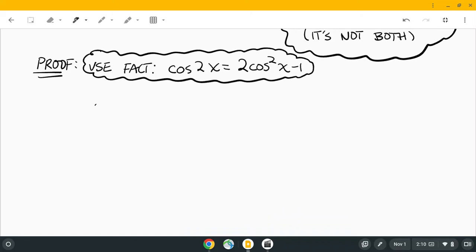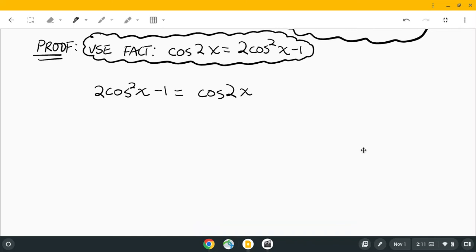So let's start with this. 2 cosine squared x minus 1 equals cosine 2x. And now instead of solving for sine, we're going to solve for the cosine. Solve for cosine x. Now remember, you have a cosine x here, a cosine 2x over here. This is the one we're going to solve for. So we're going to add 1 to both sides.